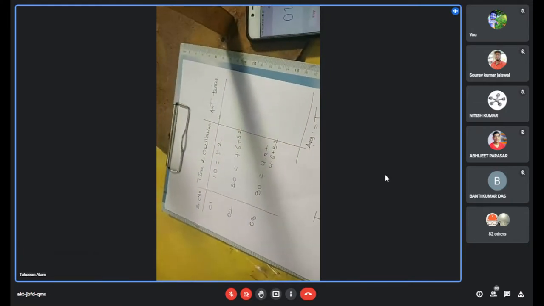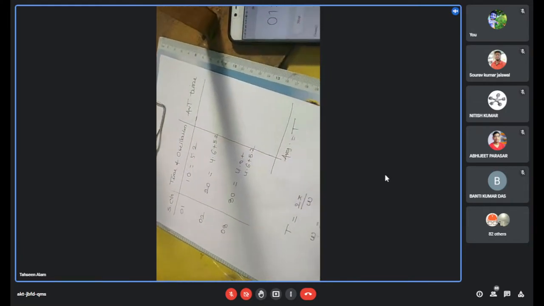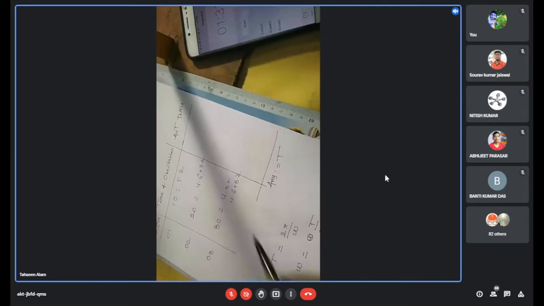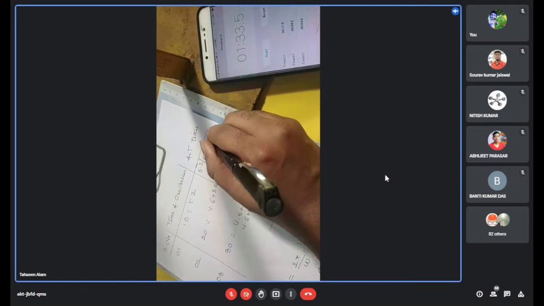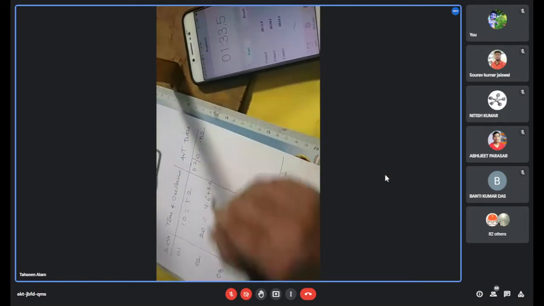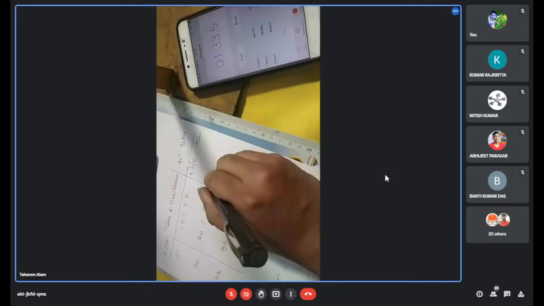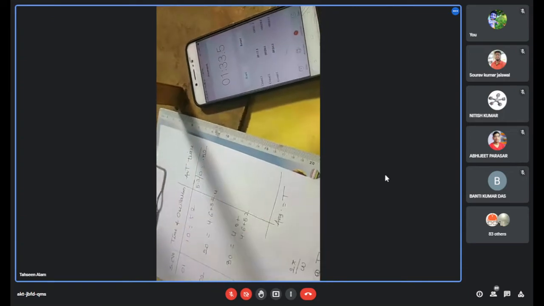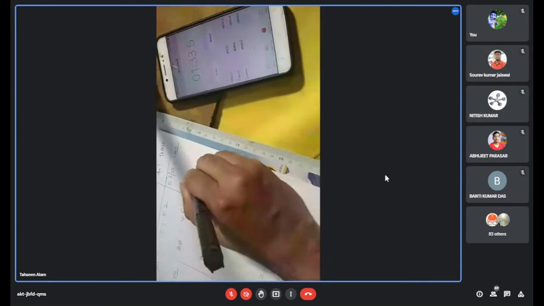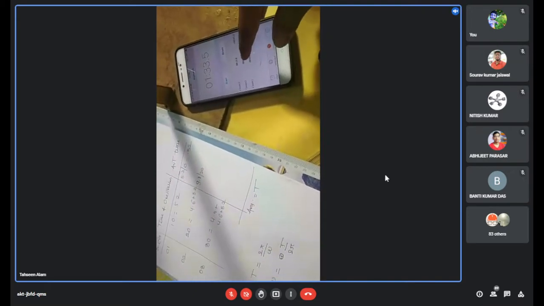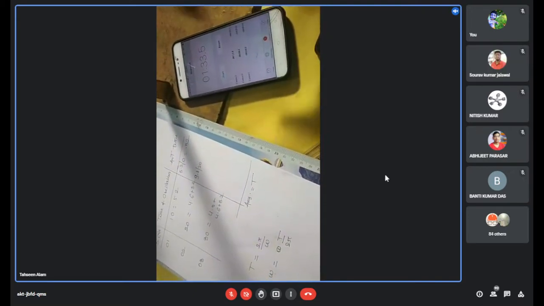We are now going to take the average time of each oscillation. For 10 oscillations, the time is 5.2 seconds, so for one oscillation this will be 0.52 seconds. The cumulative is written here, 8.6, 13.8.